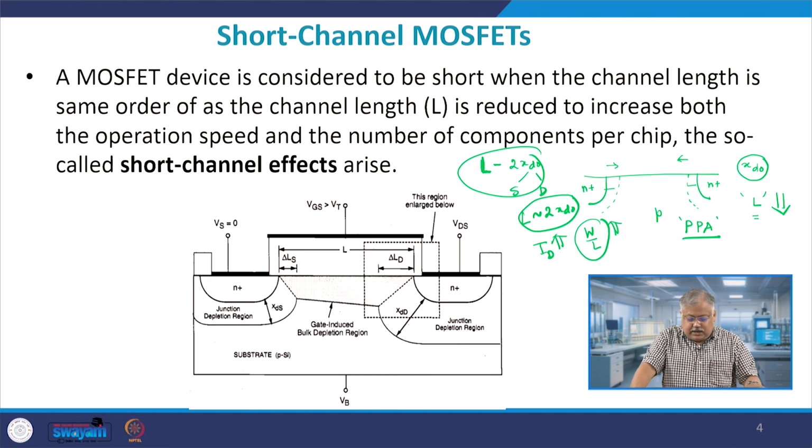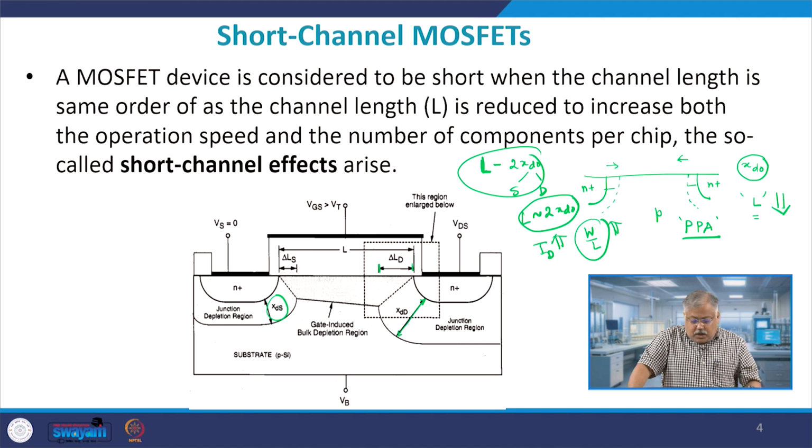So, if you look at this dimension here, this XD which you see here is the depletion width within the substrate, and this LD is the depletion width at the silicon dioxide interface due to drain and the bulk, and delta LS is the source side depletion width which you see, and XDS is basically the depletion width between the source and the substrate.